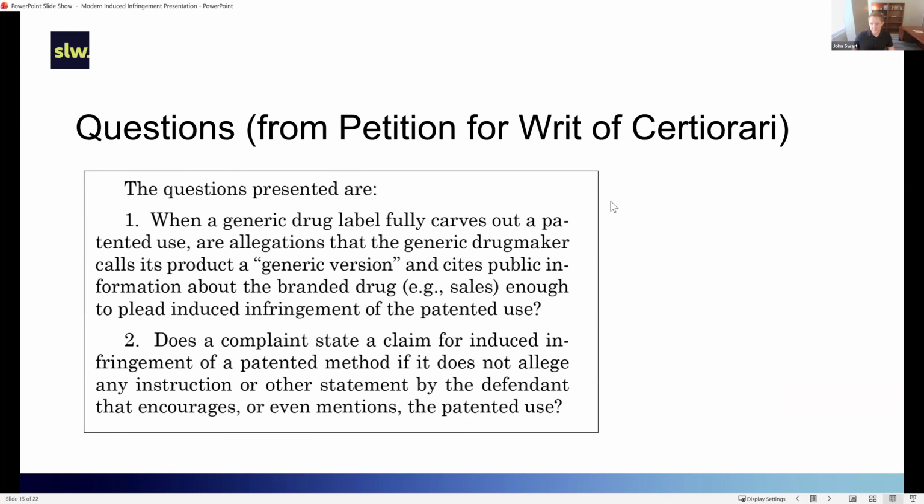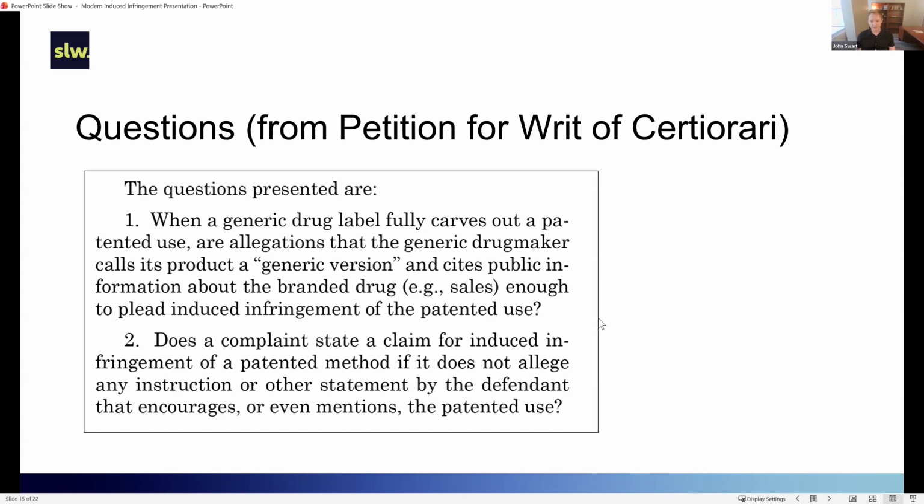So Hikma is asking the courts to interpret once and for all this Section 8, maybe you could call it a loophole or a potential loophole for generic holders.